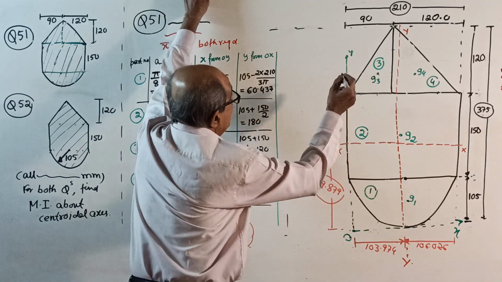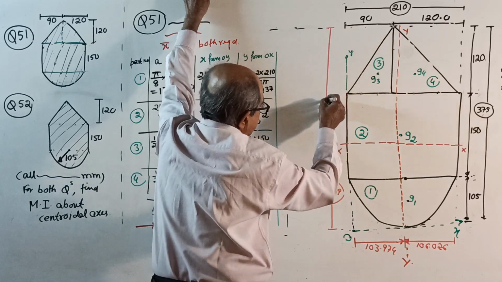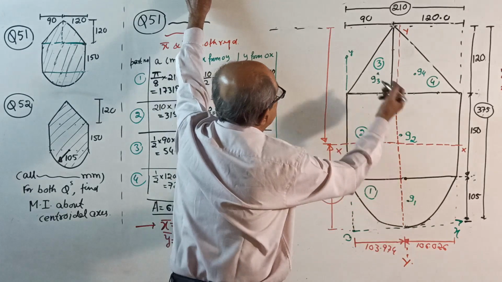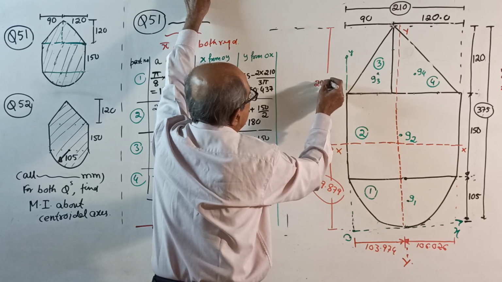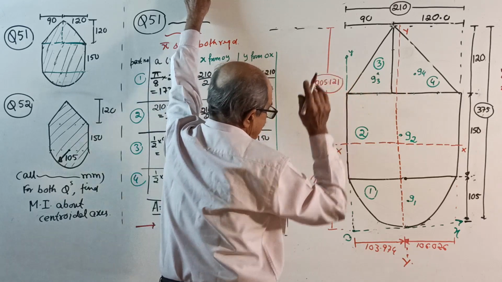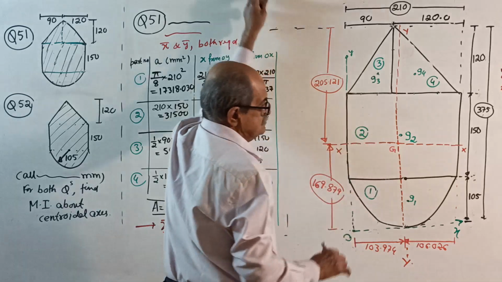And from the topmost edge up to here, subtract from total 375. This is 205.121. Okay, round off. This is your centroid G for the entire lamina.